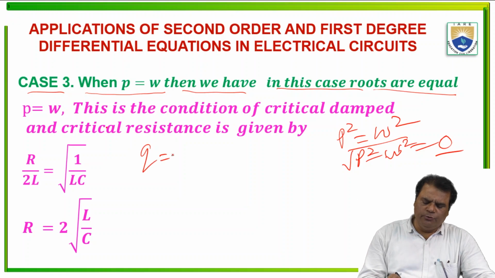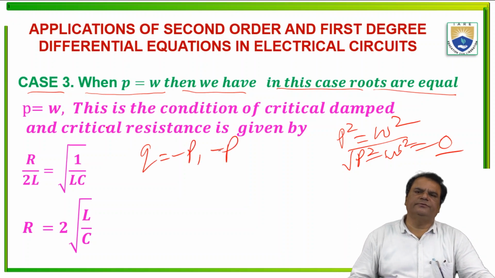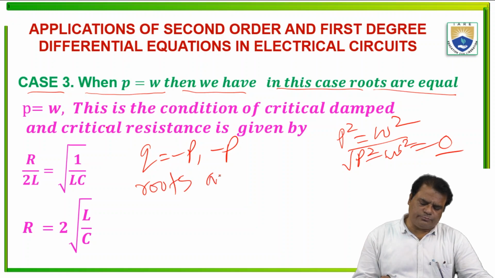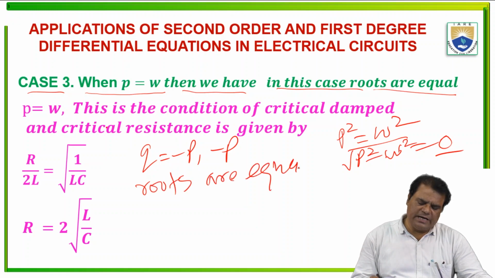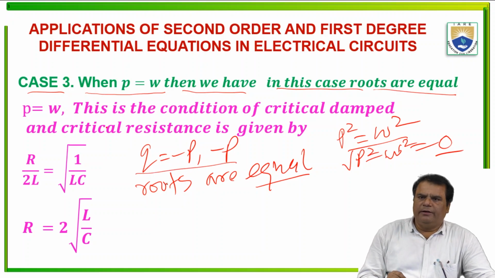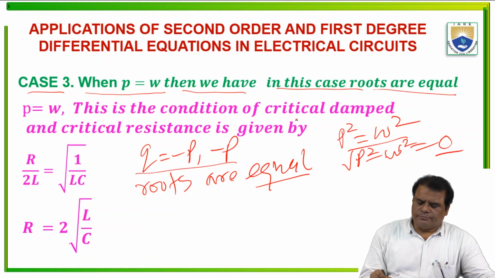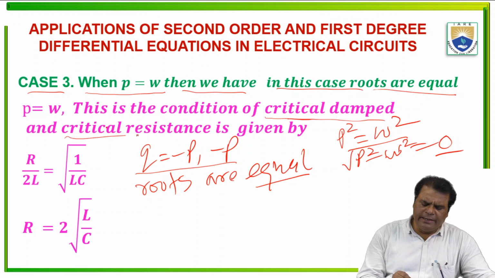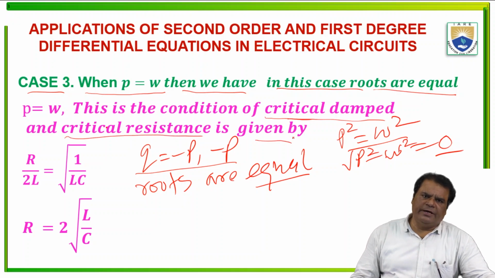Then Q equals minus P and minus P. The roots are the same. When roots are equal, the electrical circuit is critically damped.